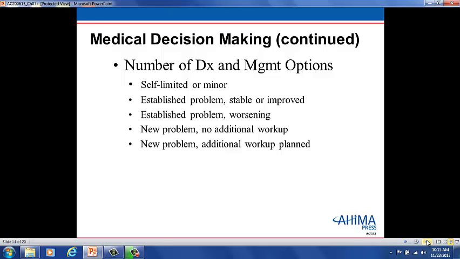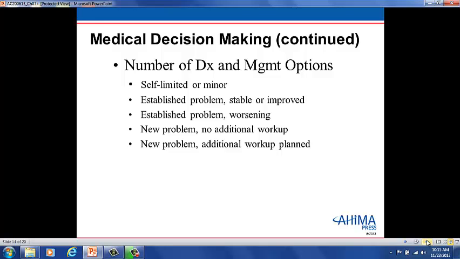It also includes the number of diagnosis and management options. So there is a point system that would be used to decide the level of medical decision making and the number of diagnosis and management options.